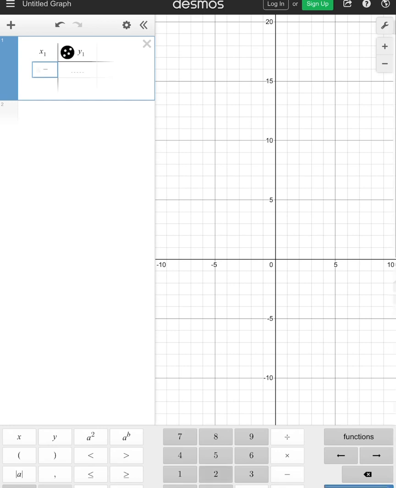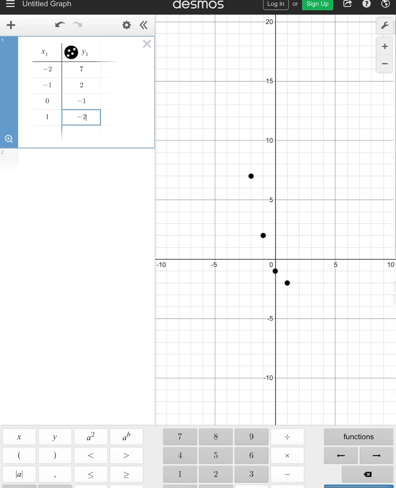So I've got negative 2 and 7, enter. Negative 1, remember you have to use your mouse to get around. Next is 0, negative 1, and 1, negative 2. So I'm going to take a look at those dots.